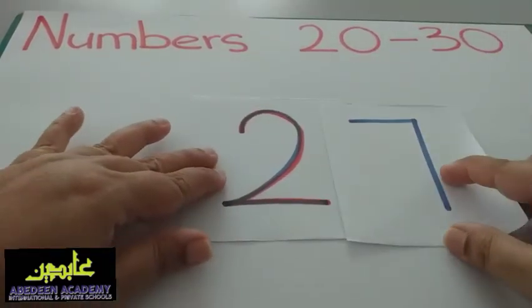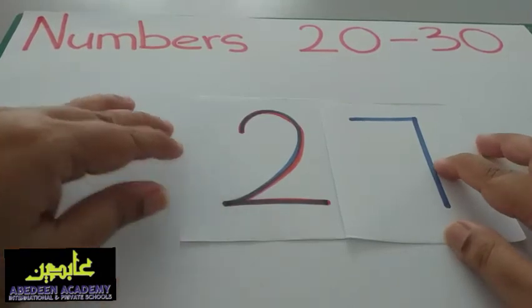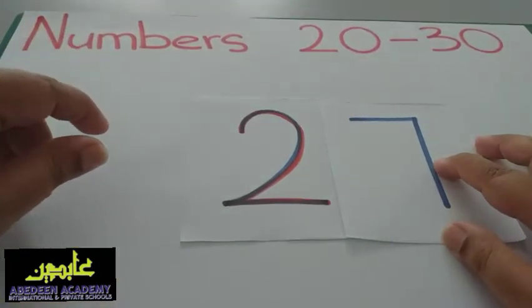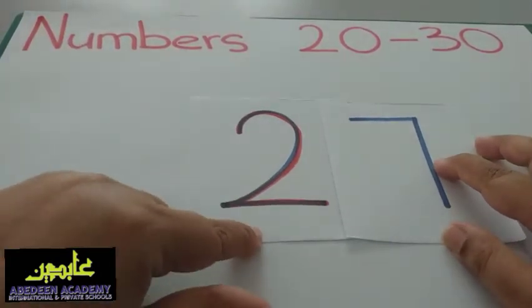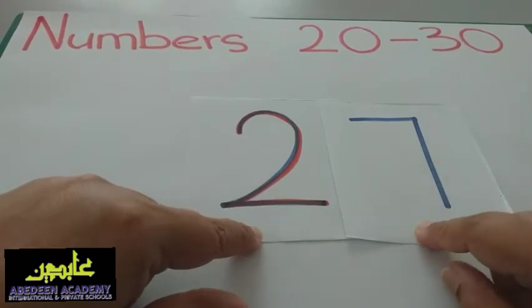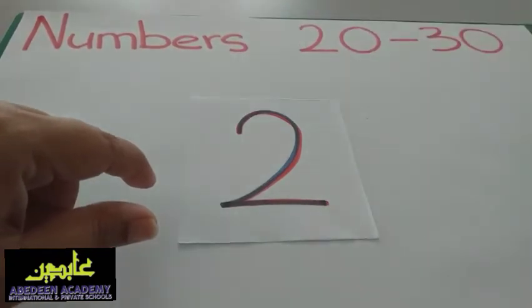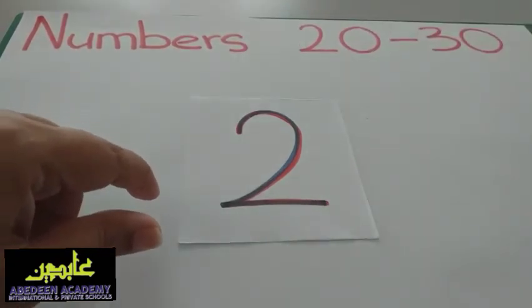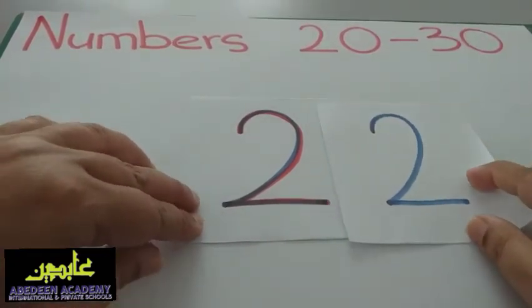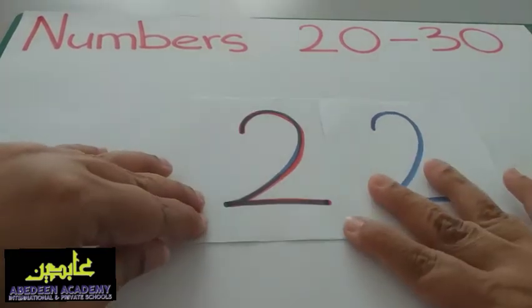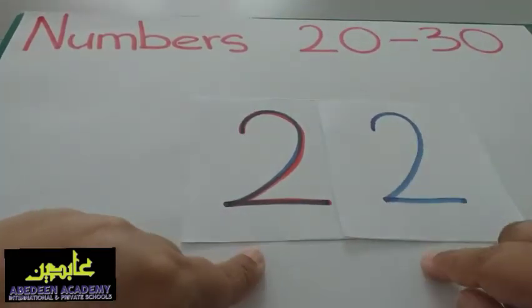So you're going to read it as 27. Okay, you start with 20, then you read 7. Okay, so the next one I'll put. Now you see two 2's. When there are two together, you can read it as 22.